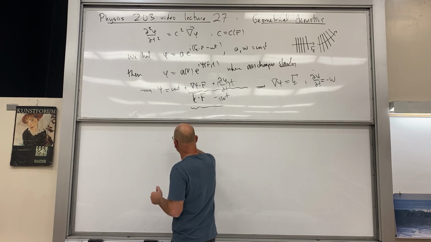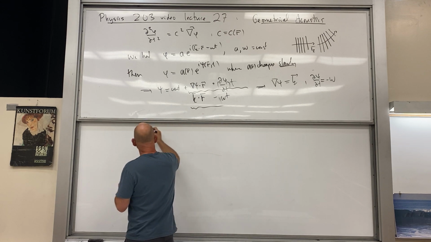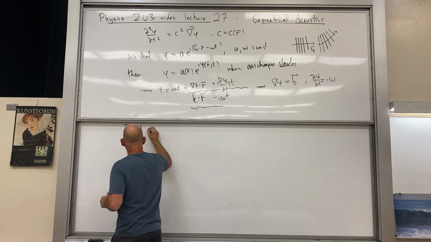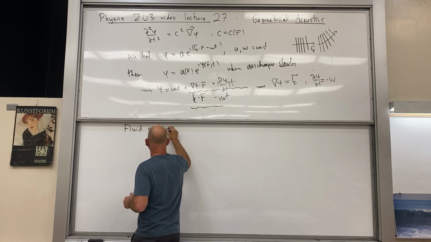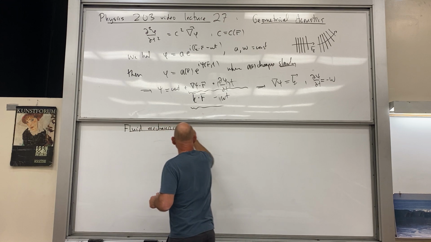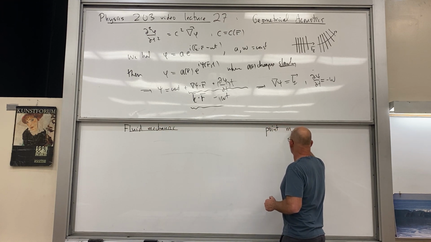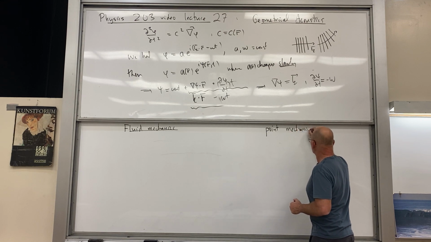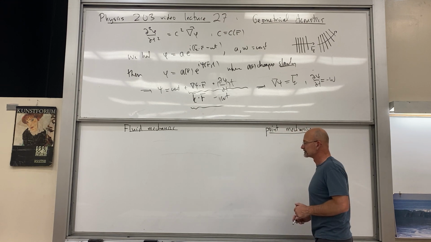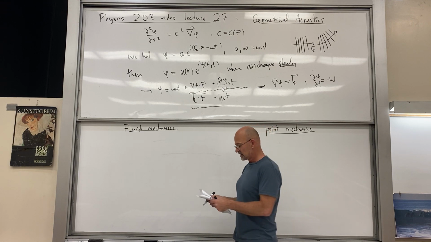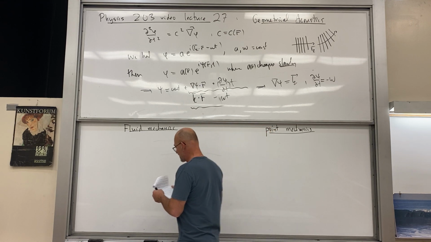So I'll start that chart. This is going to be a full pager for sure. So we're going to have fluid mechanics on this side, and we're going to have point particle mechanics over here. So what we had with the fluids, I'll take what we had up there for starters.